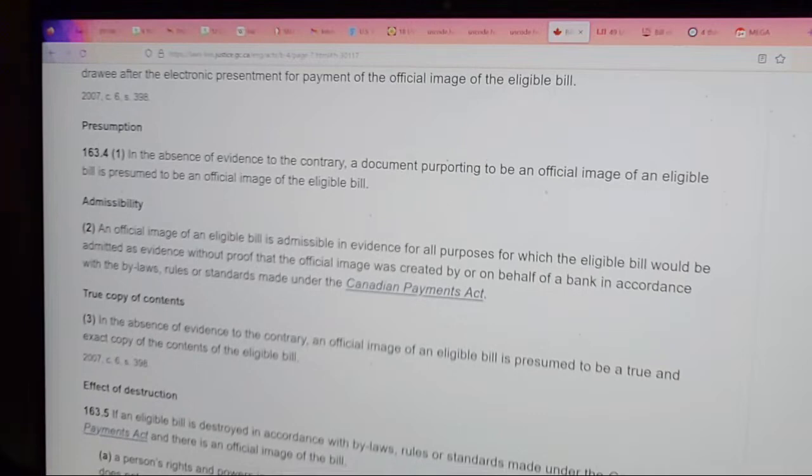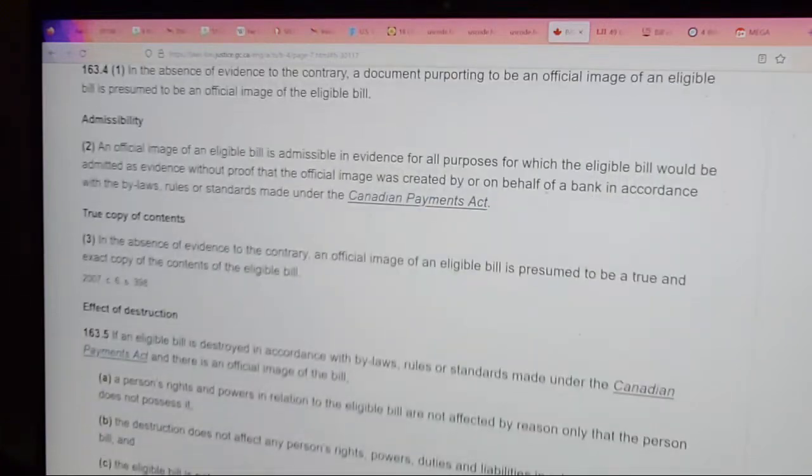Presumption. 163.4. In the absence of the evidence to the contrary, a document purporting to be an official image of an eligible bill is presumed to be an official image of the eligible bill. Admissibility. 2.